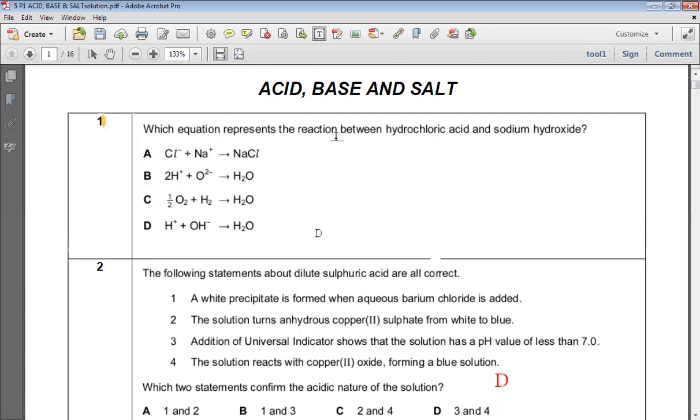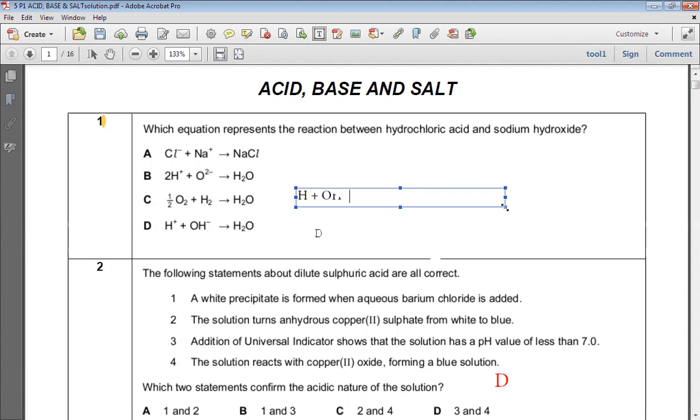Which equation represents the reaction between hydrochloric acid and sodium hydroxide? The correct option is D. Representation of the acid and base is like this: H+ comes from the acid, plus OH- ion comes from the base.